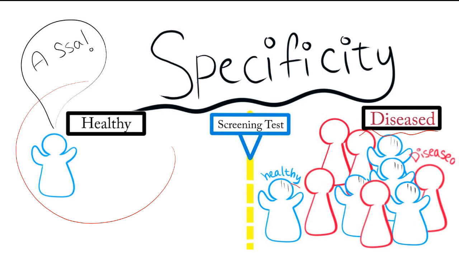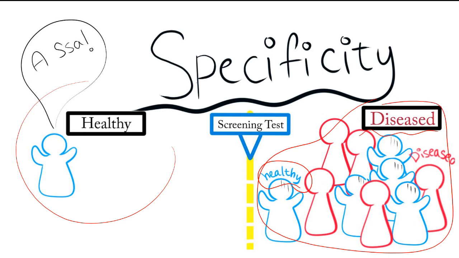But see, even though he is healthy, he is still in the diseased group. Also, this screening test has very low specificity. Okay, you understood? So it didn't correctly identify people without disease. So this screening test has a very low specificity.